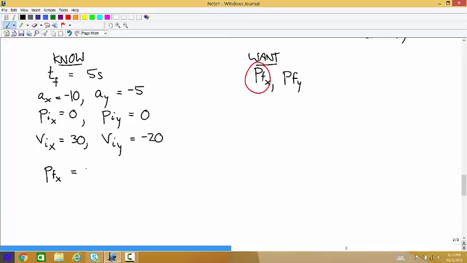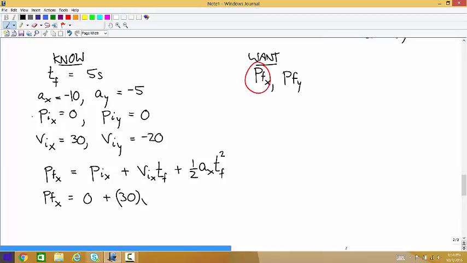Let's do PFX first. So PFX is equal to PIX plus VIX TF plus 1/2 AX TF squared. So PFX is equal to 0 plus 30 times 5 plus 1/2 times negative 10 times 5 squared.